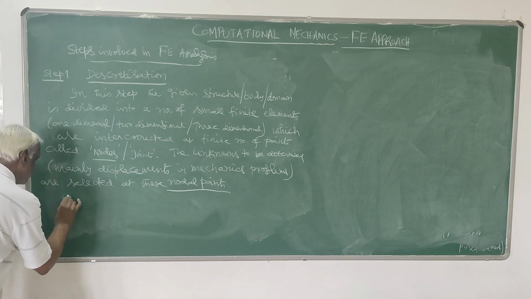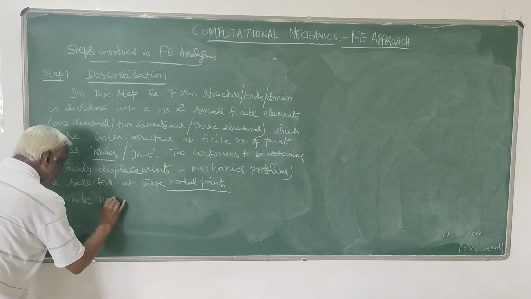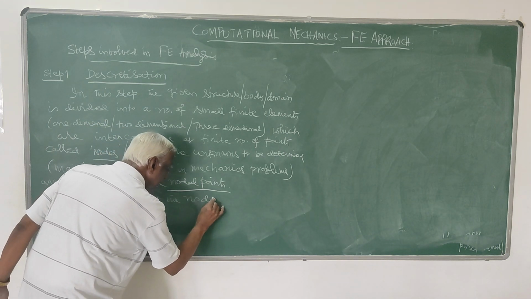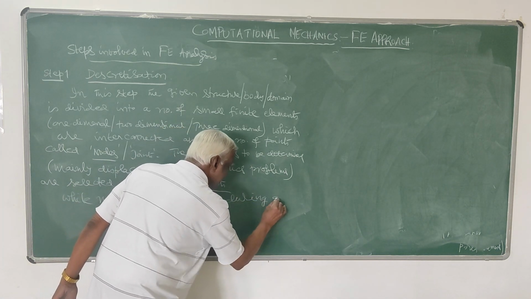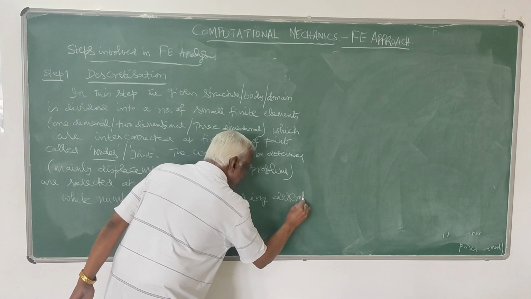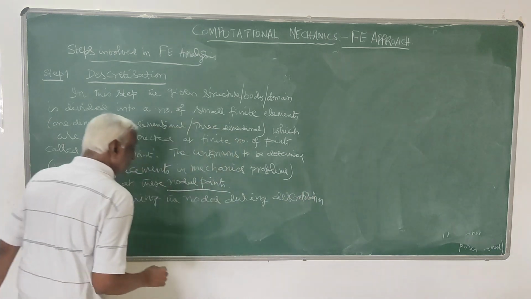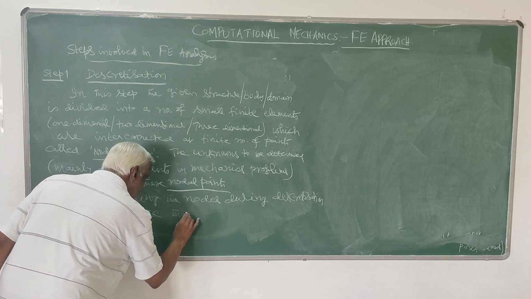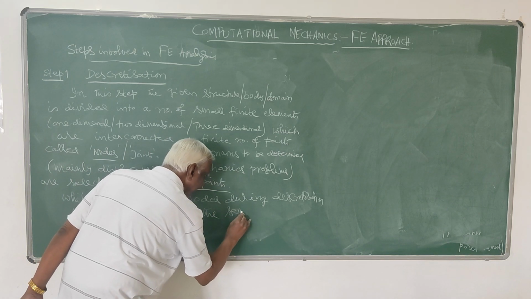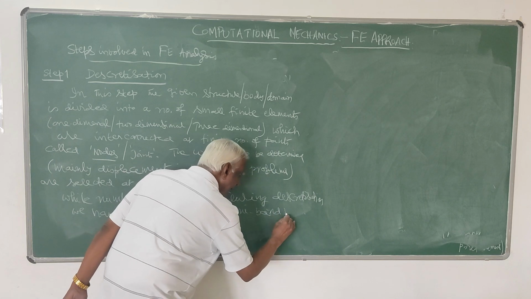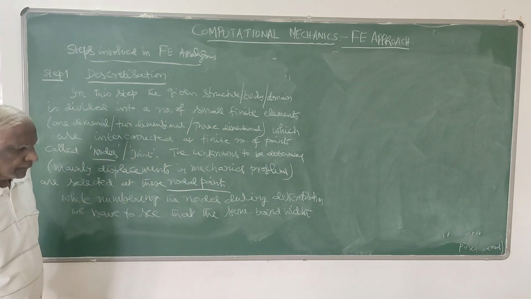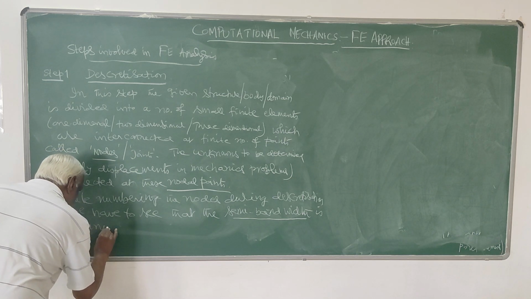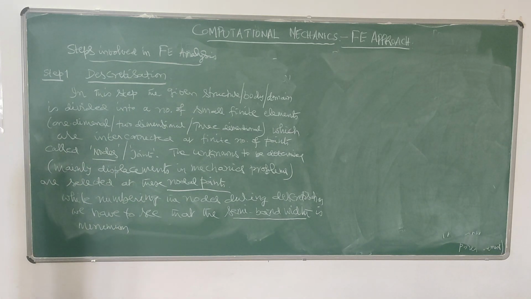So, while numbering the nodes during discretization, we have to see that the semi-bandwidth is minimum.